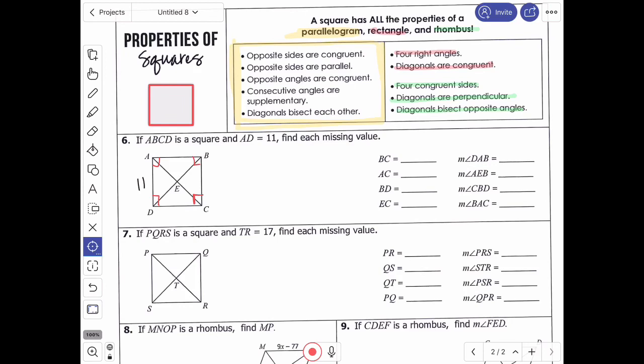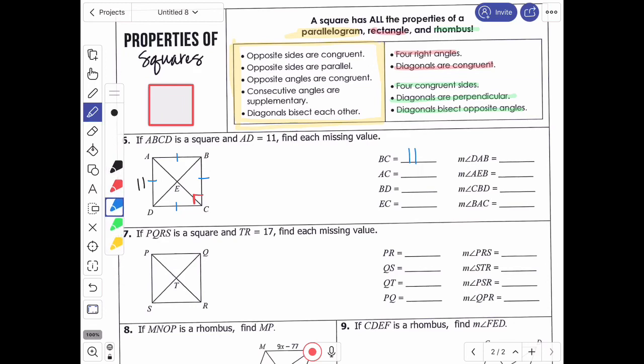So looking at these problems, to find BC, BC is just this opposite side. So I'm actually going to get rid of all these angles except for one. BC is just the side of the square, which we know squares have all congruent sides. So BC is 11. AC is a diagonal.